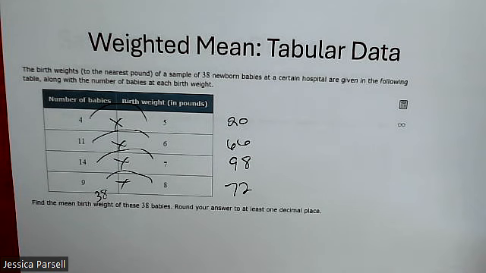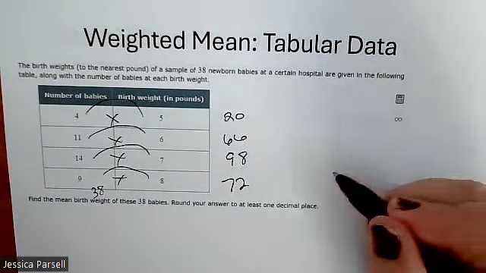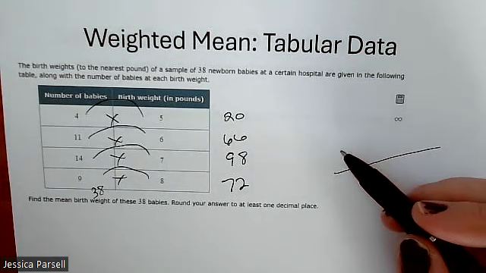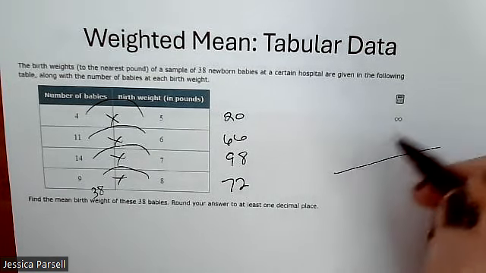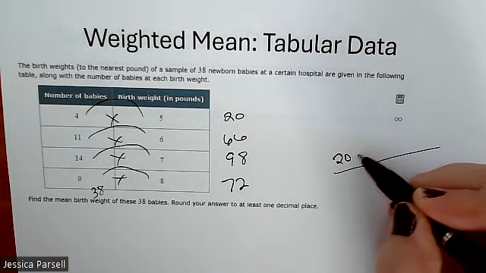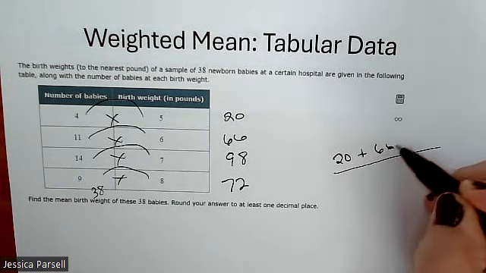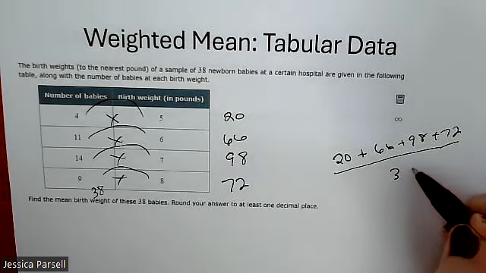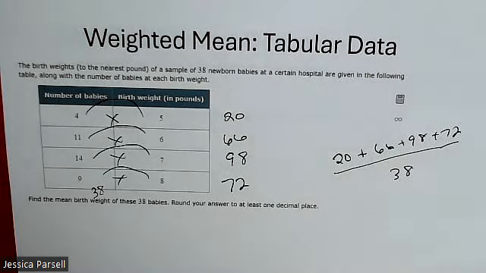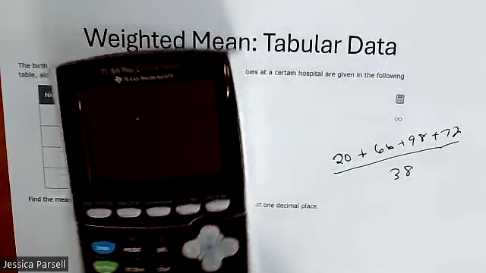Okay, so when you're finding the average, you have to take all of your data, right? And you need to add them up and then divide by the number of numbers that you're dealing with. Well, we've got 20 plus 66 plus 98 plus 72 divided by 38. And let's see what that gives us for average weight of these babies.